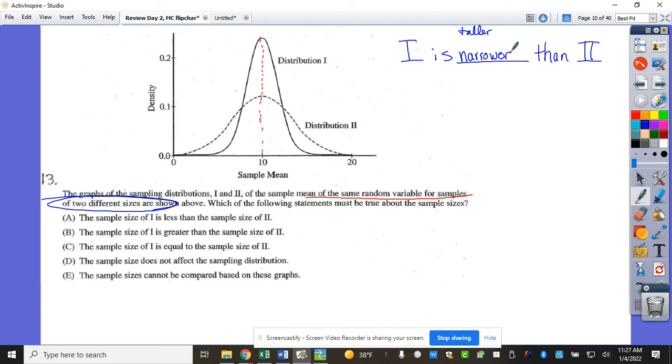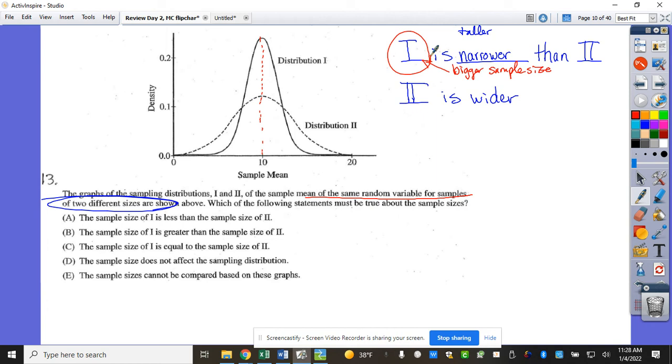So if 2 is wider, so one is narrower, which one is going to have a bigger sample size? What makes it narrow? A larger sample size. So because it is narrow, it's because of our larger sample size.